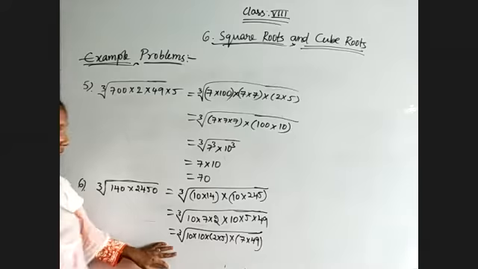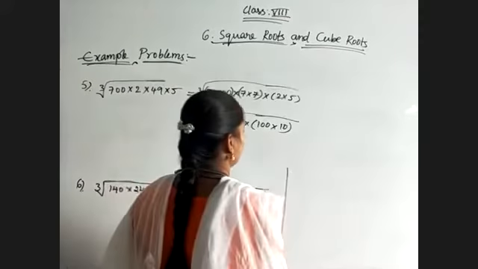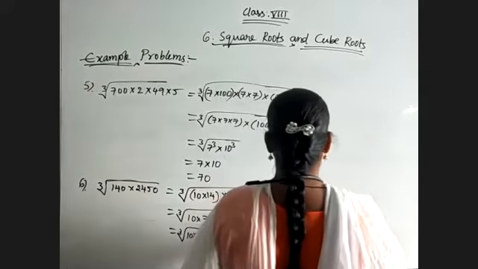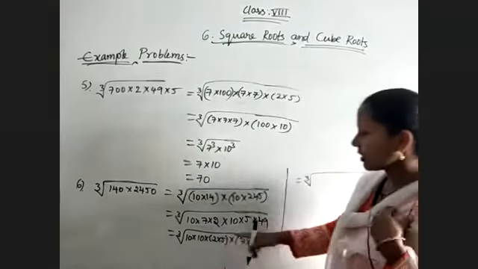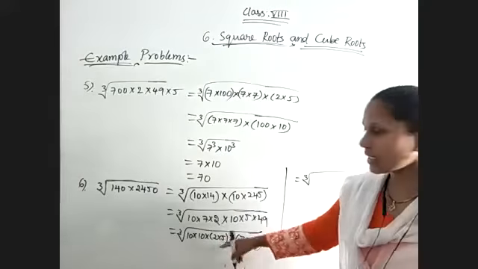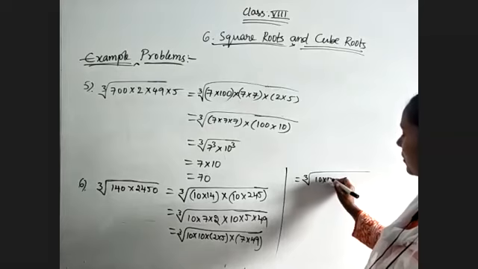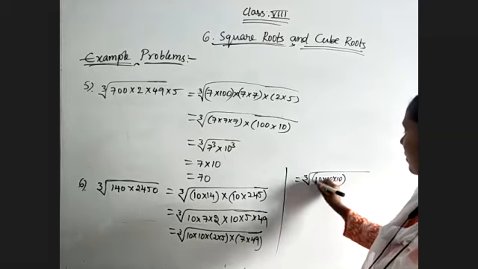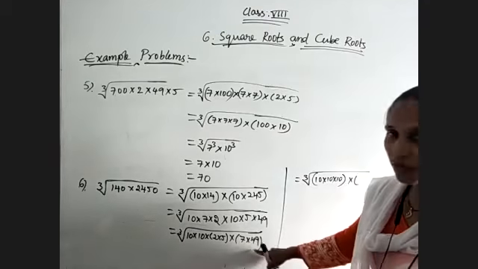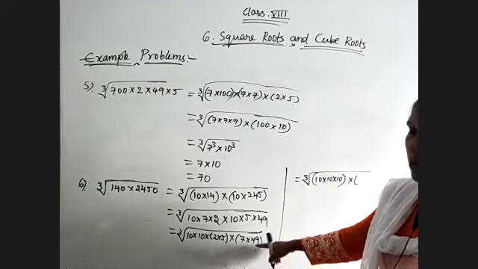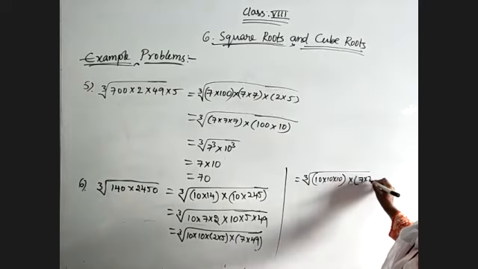So what we will get? Cube root of 10 into 10 into 2 5s are 10 only, so 10 into 10 into 10 into 7 into 49. 49 is nothing but 7 into 7, so that is nothing but 7 into 7 into 7.